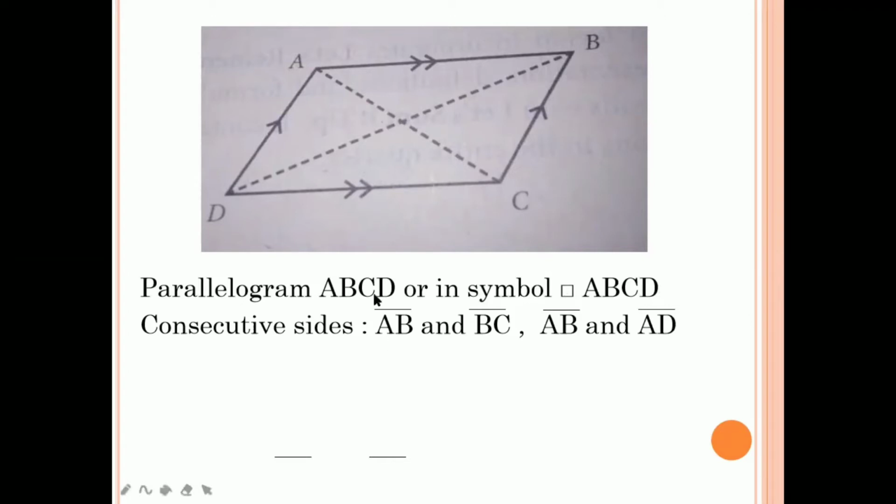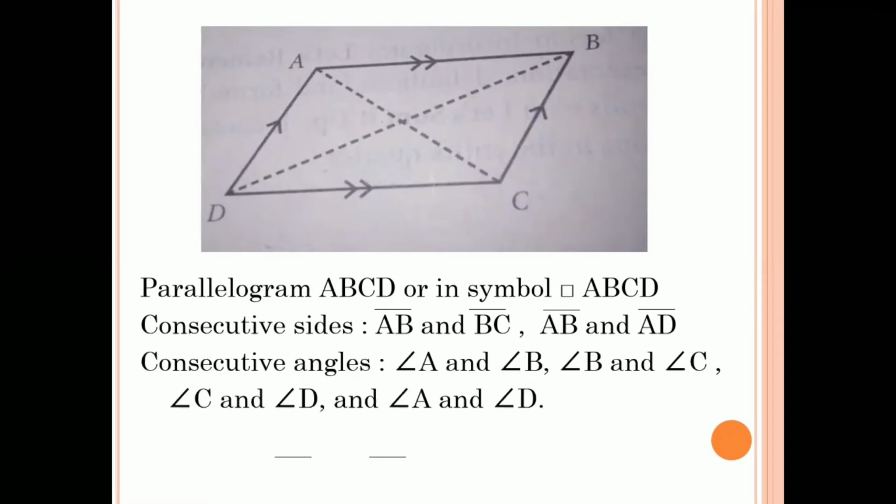For example, side AB and side BC. We also have side AB and side AD. The symbol above the letters is for side or segment.